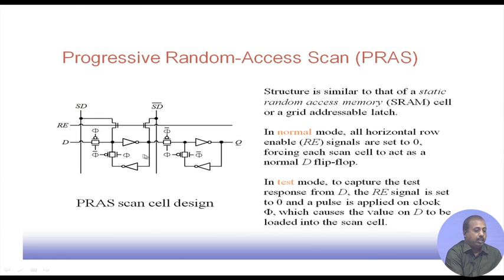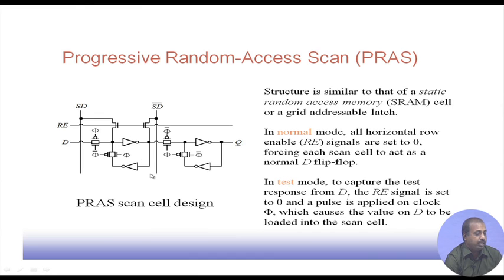If this RE line is 0, that means these transistors are off, so both the SD and SD bar lines are off and they will not get selected. As a result, it will continue as normal D flip flops.